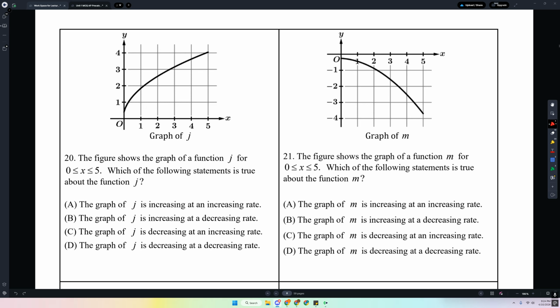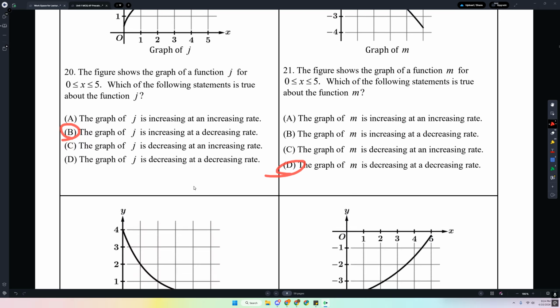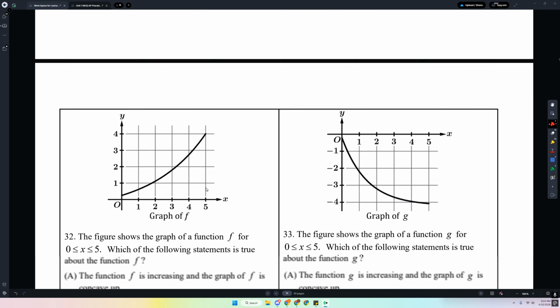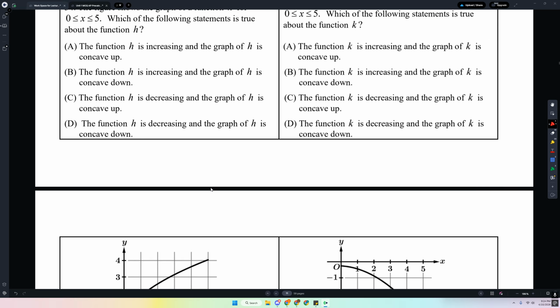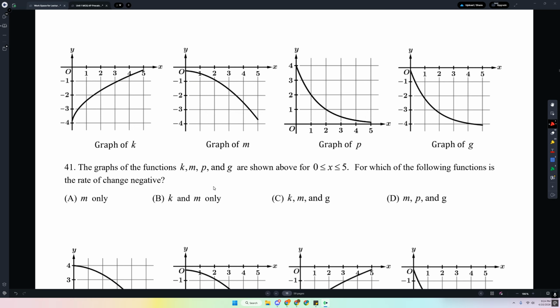Two answers, and I think that's gonna be it. So I'm gonna continue onwards. So yep, 20 was B, and 21 was D. Great job. So now we're gonna continue on to the next topic, because the next question is just the same repeated stuff. So we're gonna skip all these.